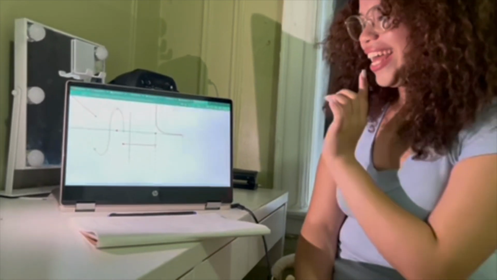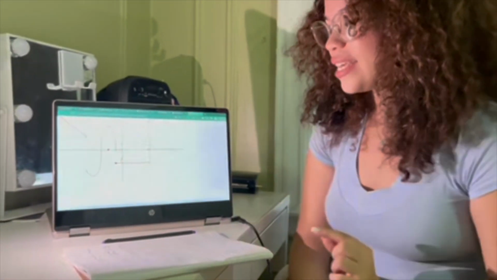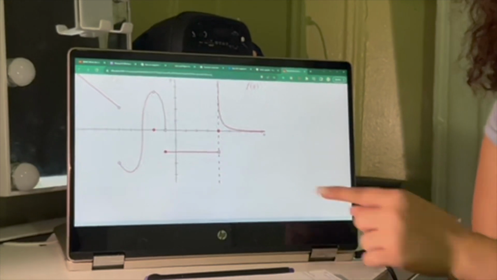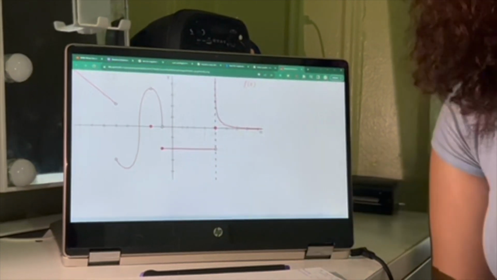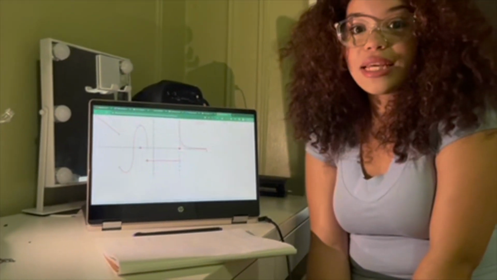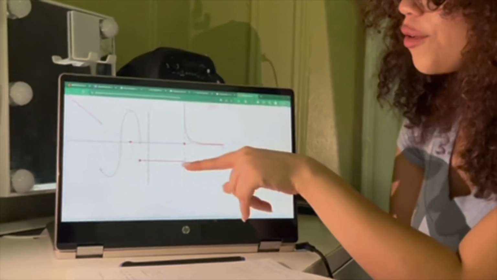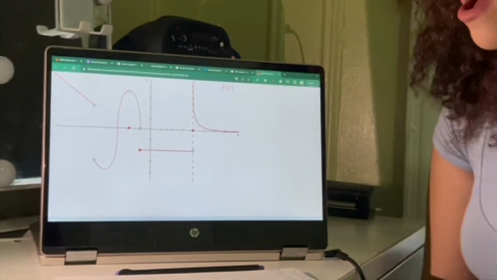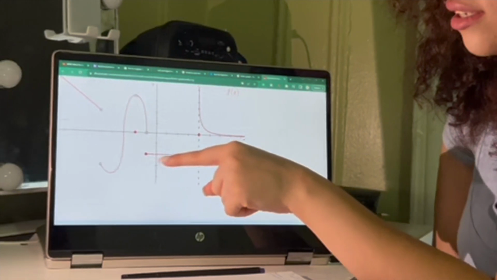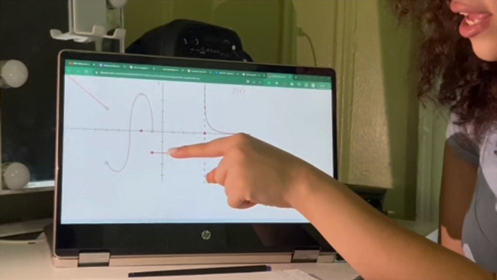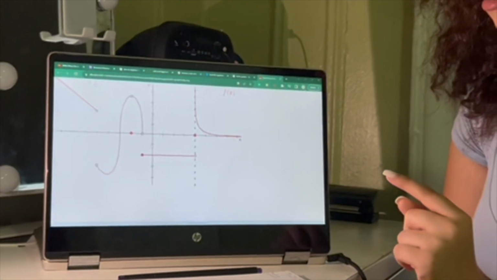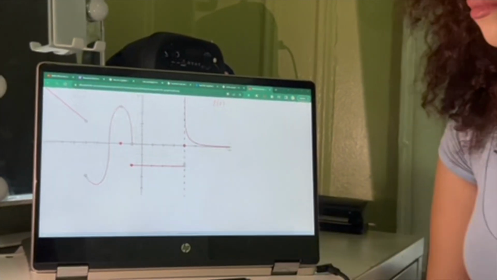So, on this side, we can see that the limit does not exist. Now, what does this mean? Well, if we go from the right-hand side towards -1, the function is at -2, right? It's approaching -2.